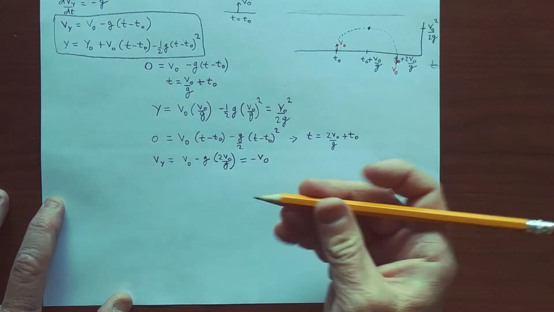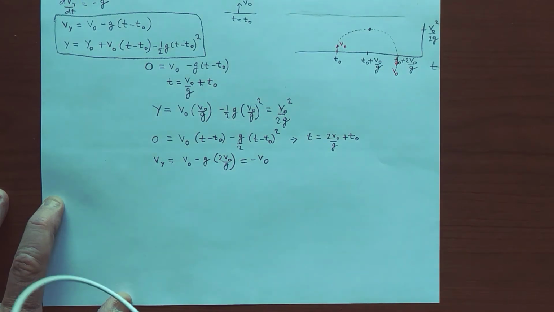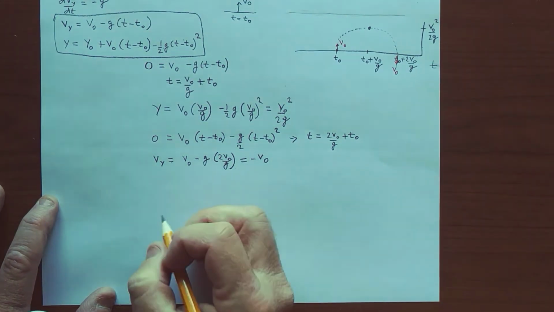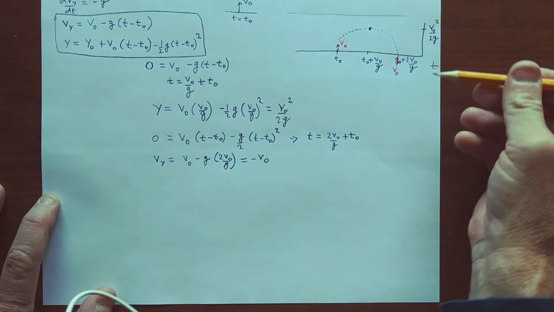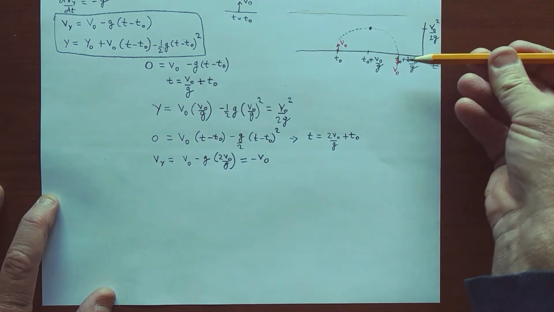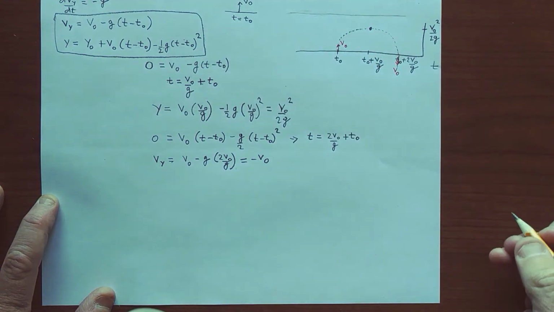So let's see what happens when we look at the equations choosing to have time proceed in the negative direction.